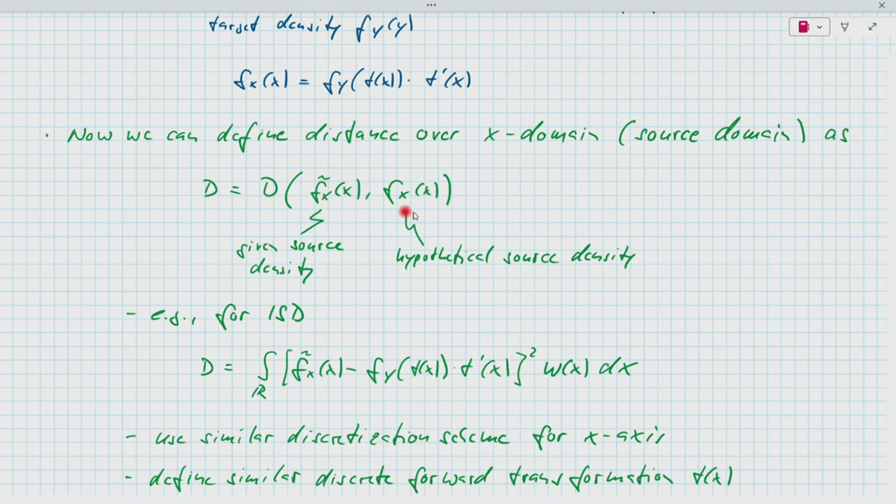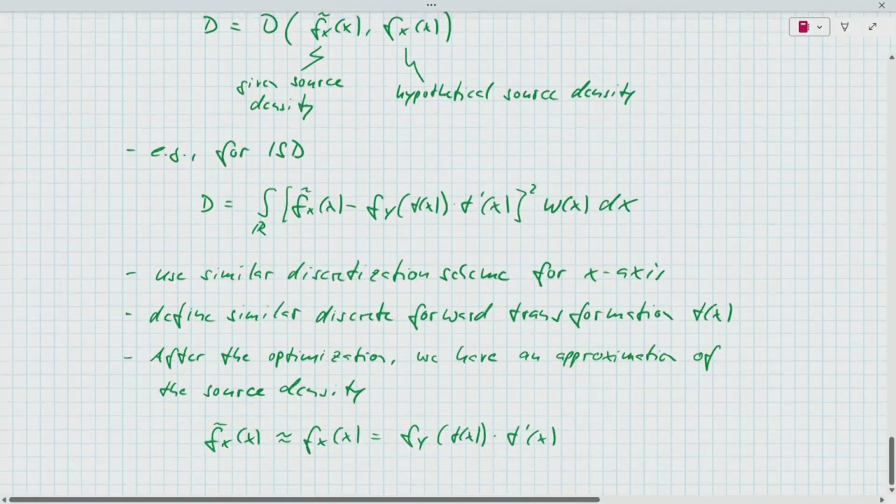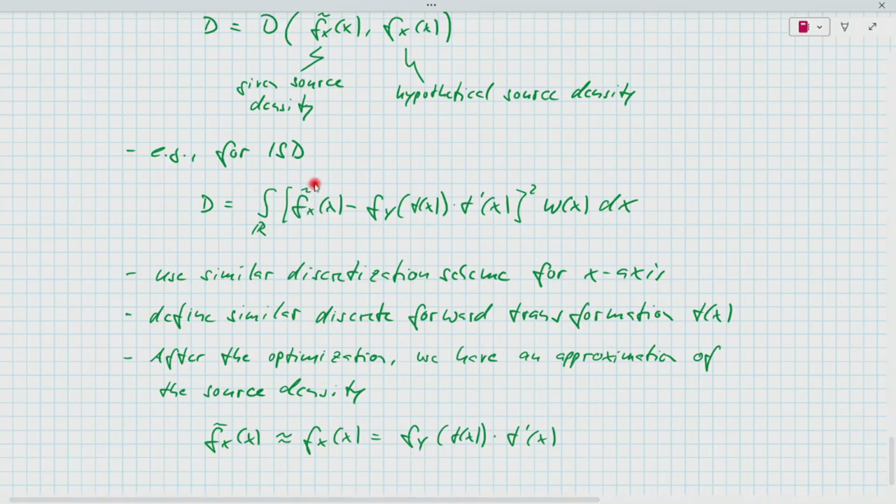This would be the hypothetical source density. And for example, for the ISD, that now would be the integral over f tilde of x minus, and now the hypothetical density plugged in, f_Y(T(x)) times T'(x), square the difference times the weighting function, and then we integrate. So this would be an integration in the other domain.